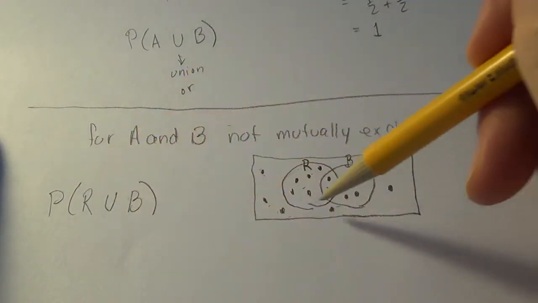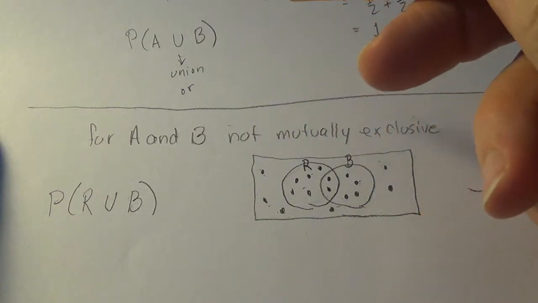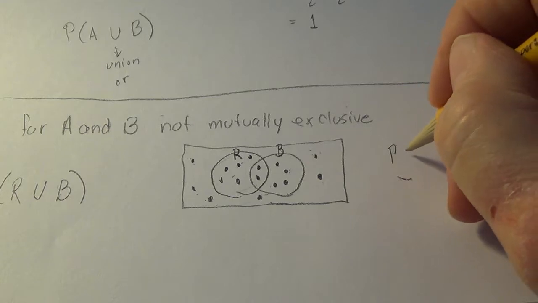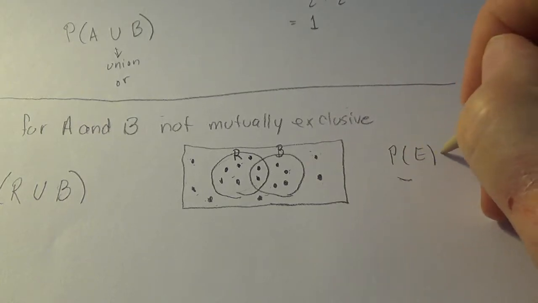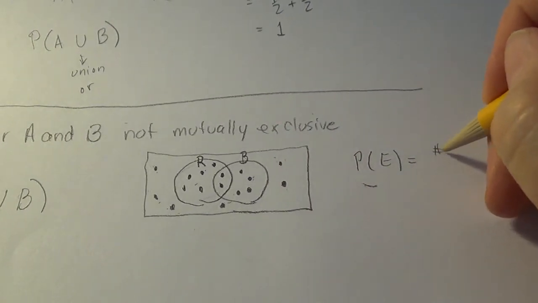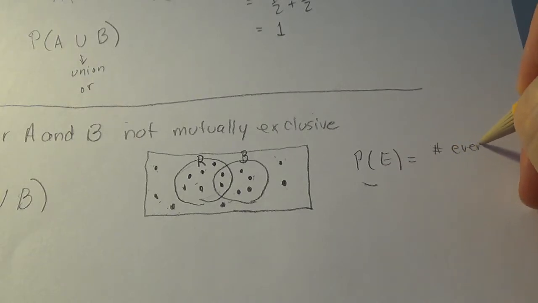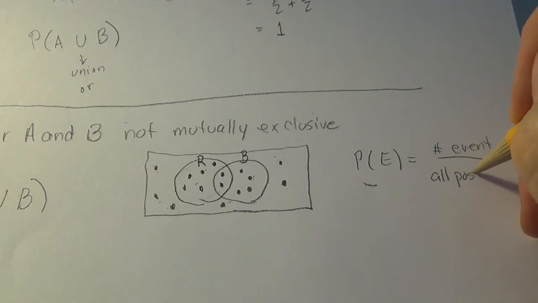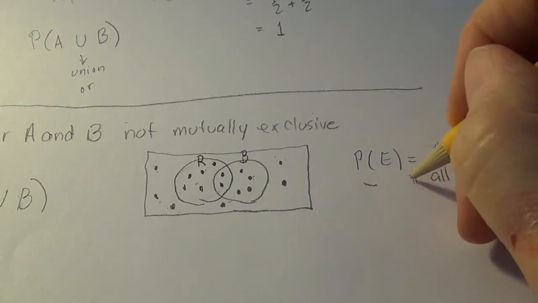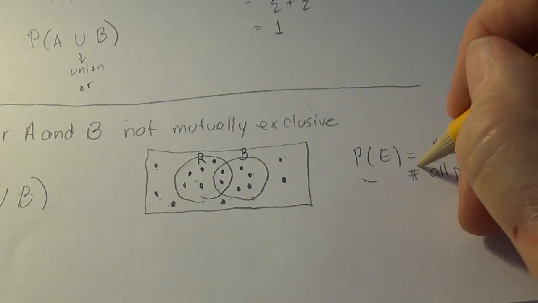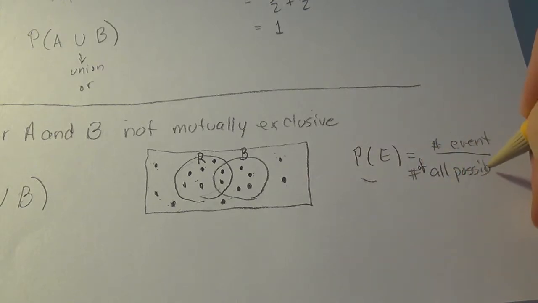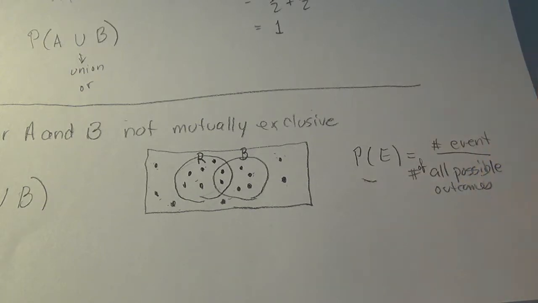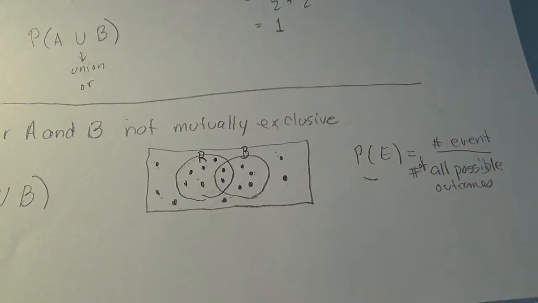First of all, since we have everyone accounted for, we can just use our counting techniques and the fact that the probability of an event is the number in the event divided by the number of all possible outcomes. So that's that fraction we've been dealing with.